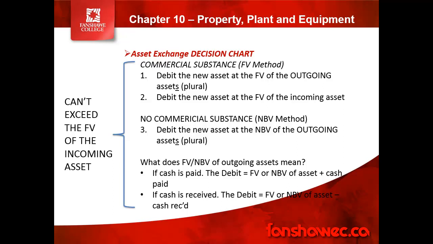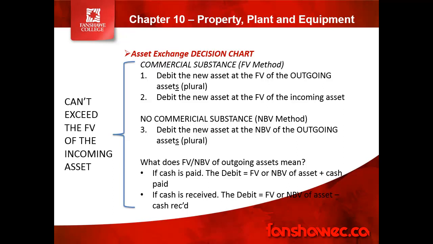Okay? Now, I put a definition down here, answering the question, what does it mean when I say the fair value or the net book value of the outgoing assets, plural? Well, in the exchange, sometimes we trade one asset for another, and we also sometimes pay a little bit of cash in that transaction.